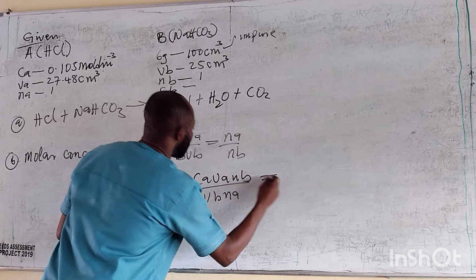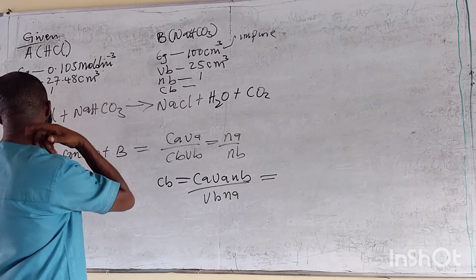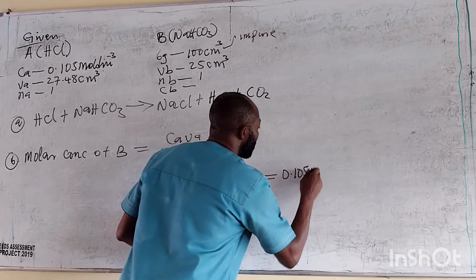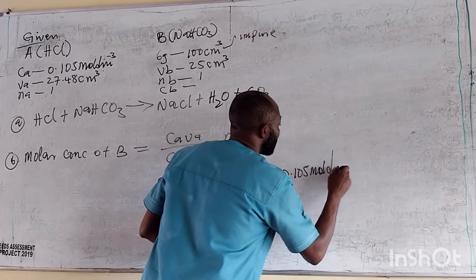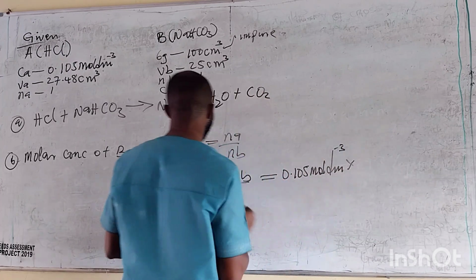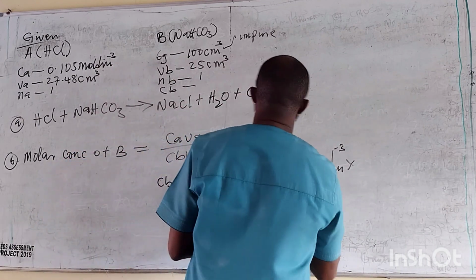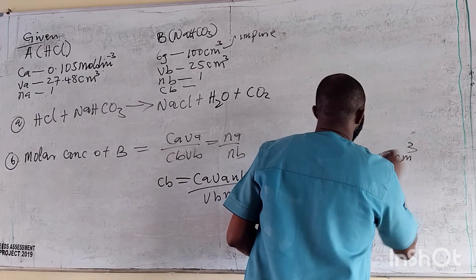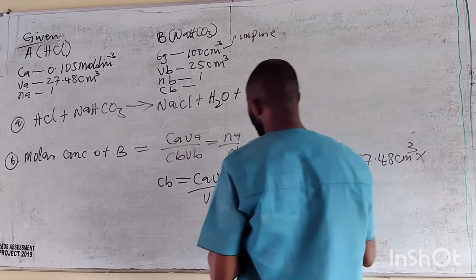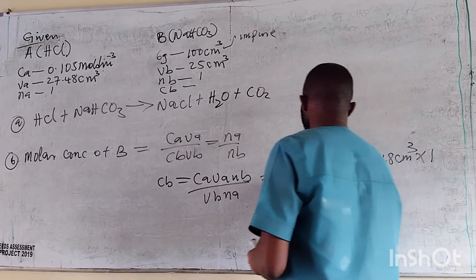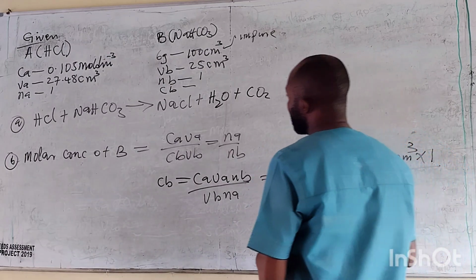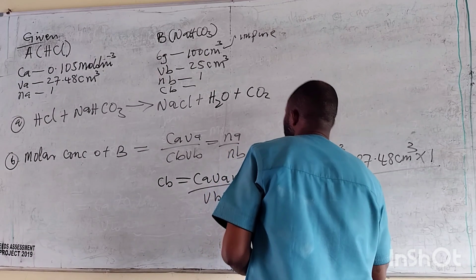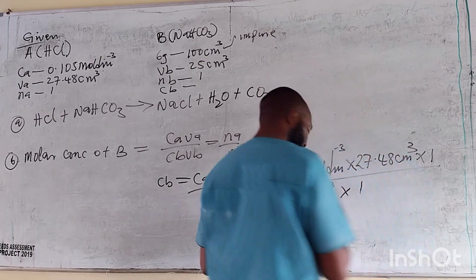This is equal to the concentration of the acid, given to be 0.105 mole per dm³, times the volume of the acid, 27.48 cm³, times the number of moles of the base, 1, all over the volume of the base, 25 cm³, times the number of moles of the acid, 1.